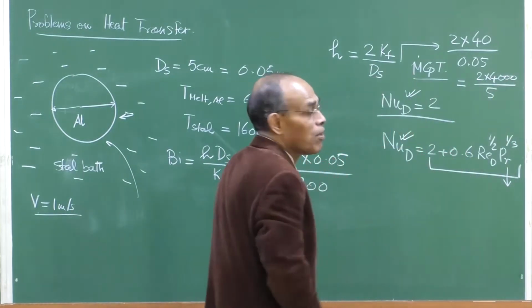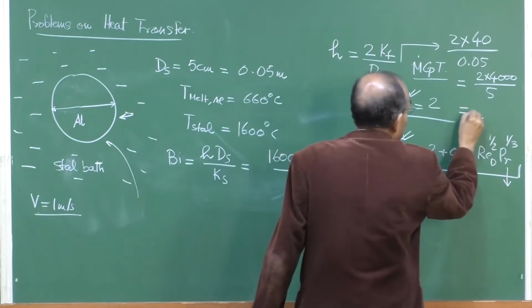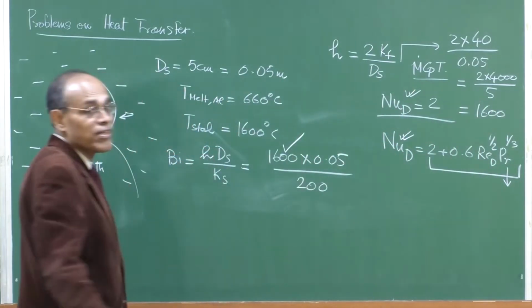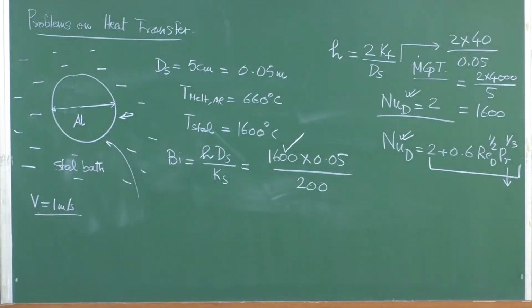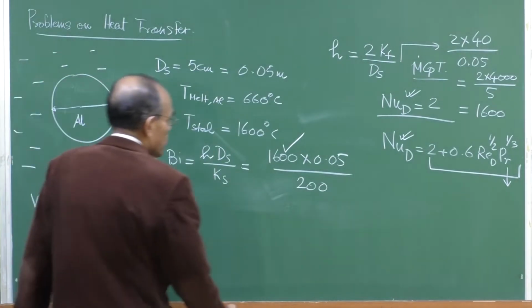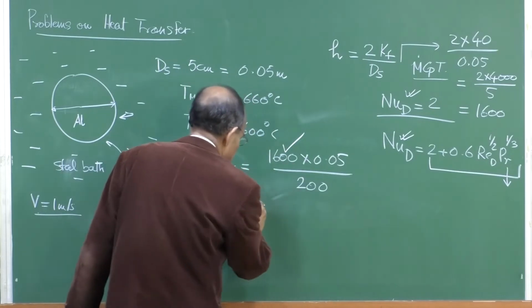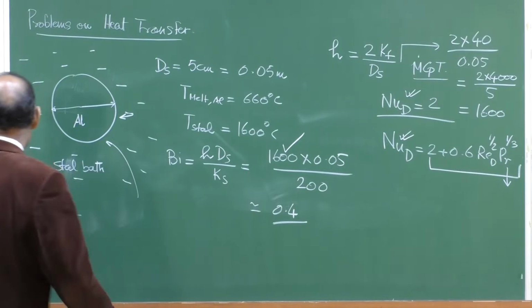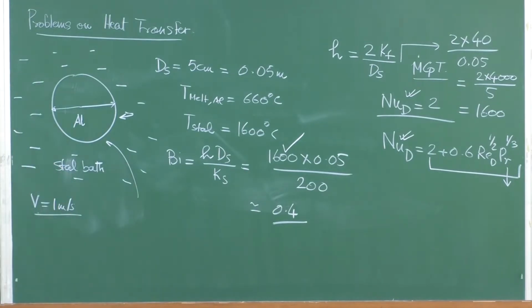So, 8000 by 5 which is equal to 1600, and that is the value that I have substituted in this equation. So, if you do this now, then you find out that this is roughly about 0.4. So, it is of the order of the small Biot number criteria.